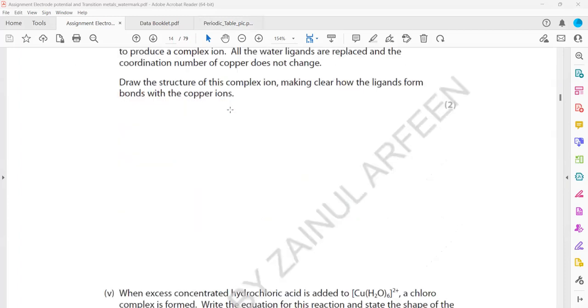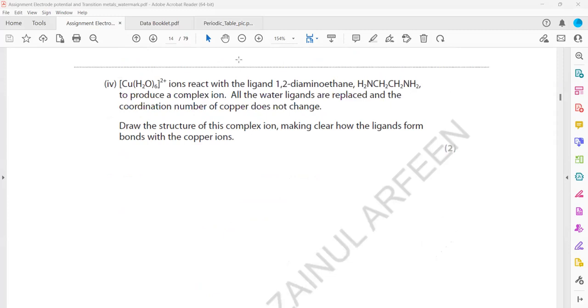Look, first, when water molecules were attached, we had copper with +2, and there were two lone pairs on oxygen. So each lone pair is trying to fill the d orbital, forming a dative bond.